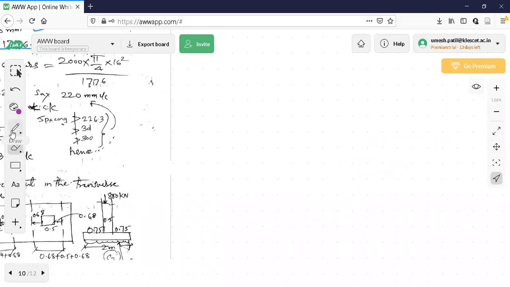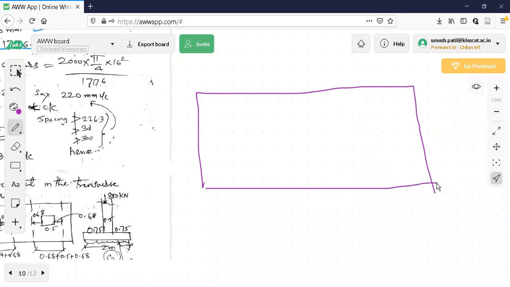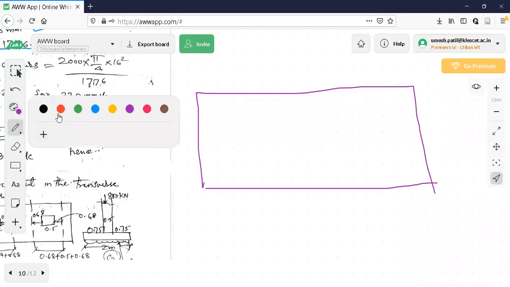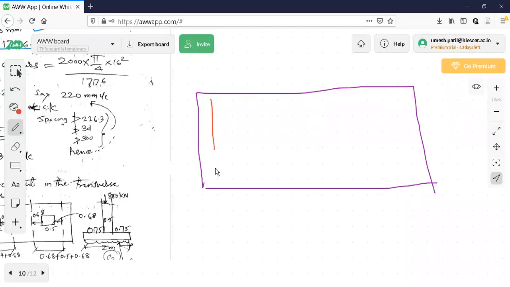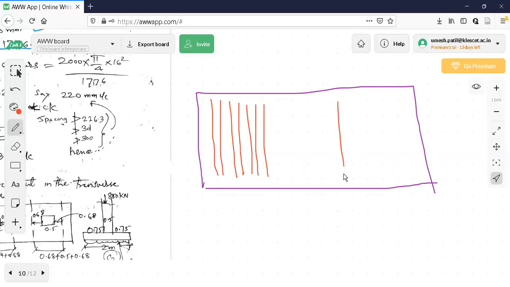Now observe this one. What is reinforcement in the transverse direction? Like this. Now I need to provide reinforcement like this also, just under the columns. Not everywhere. And here also, one more column is there, here also.